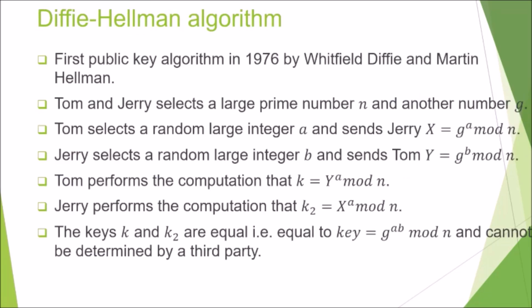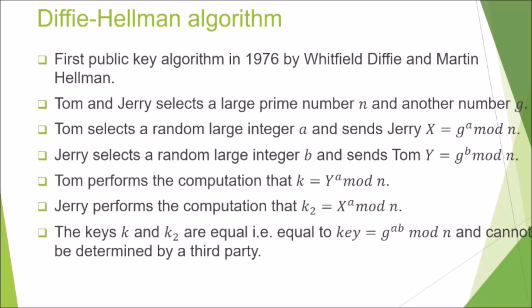Moving ahead, discussing the Diffie-Hellman algorithm. This is a public key algorithm, published in 1976 by Whitfield Diffie and Martin Hellman. In this mechanism, Tom and Jerry, for example, select a large prime number n and another number g. Tom selects a random large integer a and sends it to Jerry.